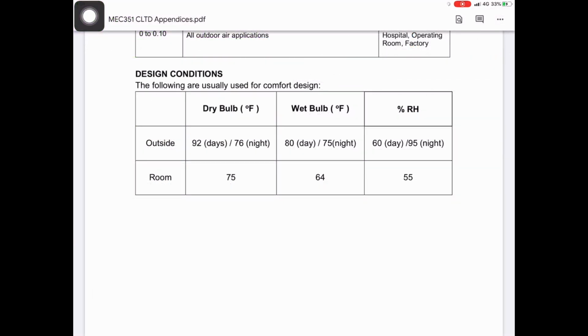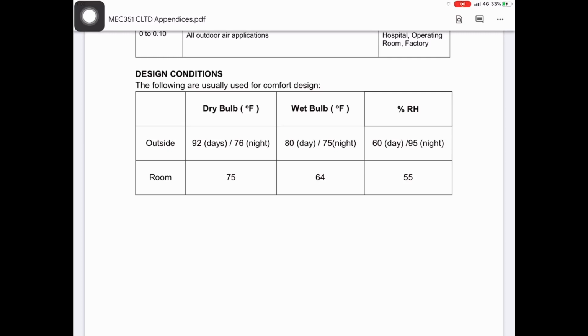For the outside air condition, we can refer to Appendix 1 under the section design conditions. As we can see, we have the values for the dry bulb temperature in degrees Fahrenheit, and we're going to take the value of 92 degrees Fahrenheit. For the relative humidity, we're going to take the value for the day, which is 60%, and as you can see, we don't have the information for the specific humidity.